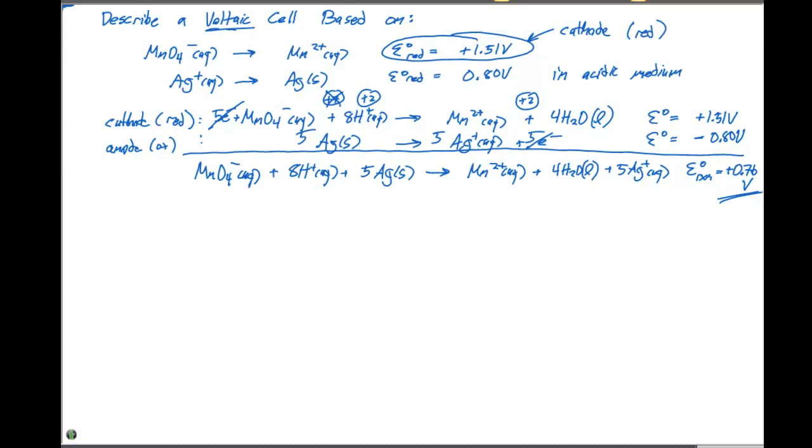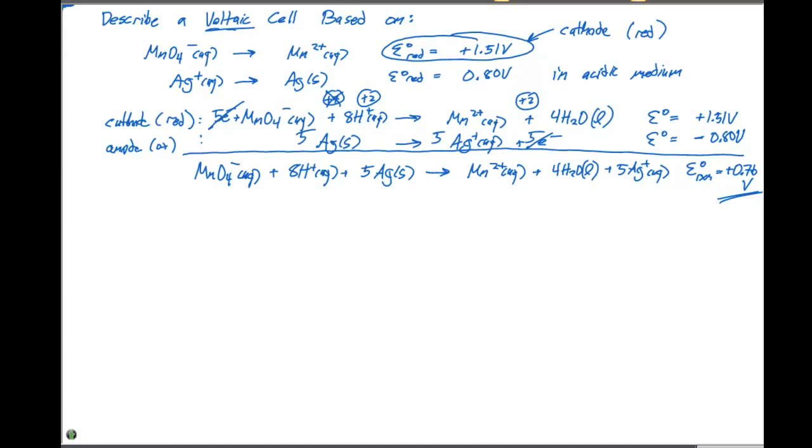Notice that when we draw the reduction potential up for that reaction, it is a really, really large number. 1.5 is a very high reduction potential. And the reason for that is because manganese is already in a +7 oxidation state. It can't go any higher. It's not going to be able to be oxidized. So in every instance, manganese will have to be reduced.